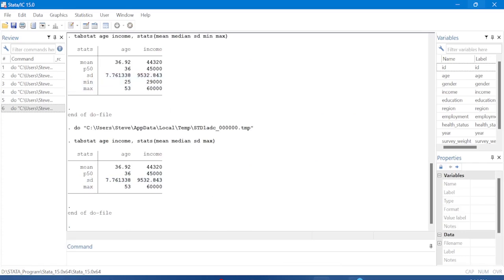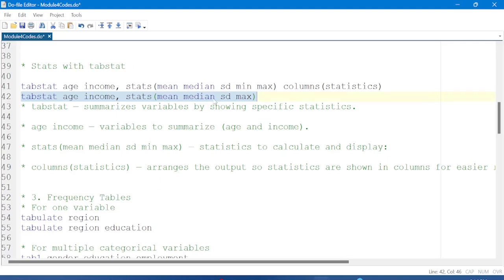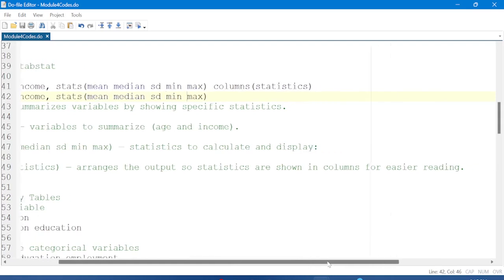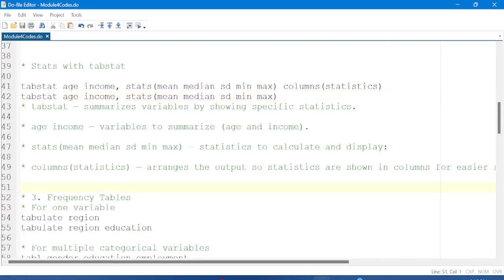So that's how you can do some modification to frequent tables. For example, age income simply means that the variables to summarize will be age and income, and stats mean, median, standard deviation, minimum and maximum simply means that these will be the statistics to calculate and display. And column statistics simply will arrange the output so the statistics are shown in columns instead of the default rows, for easier readability.